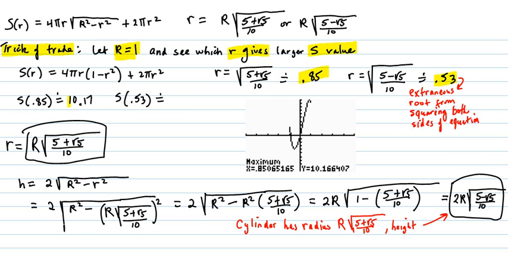S of 0.85 evaluates to 10.17 and S of 0.53 evaluates out to about 7.41. So the winner is the 10.17.